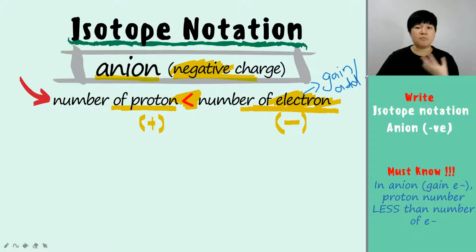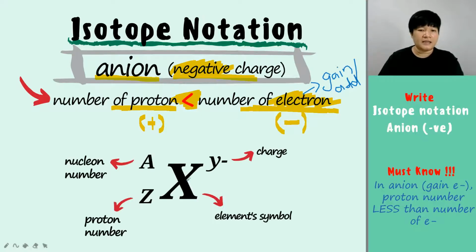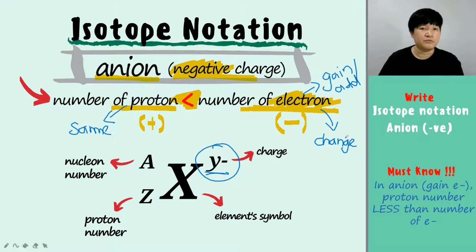You add in more electron into your atom. Therefore, the number of proton is less than the number of electron. And the isotope notation is very similar to what we had before, just a change at the charge. The charge right now will be negative. And a kind reminder, number of proton must remain the same. The number of electron is the only one that can change. You cannot add proton or remove proton.